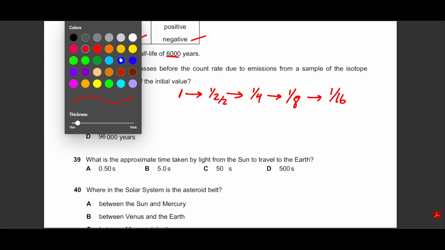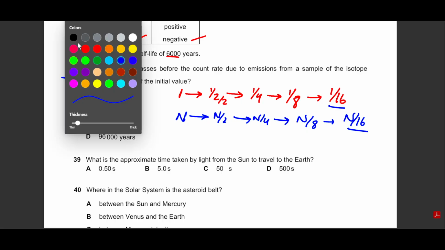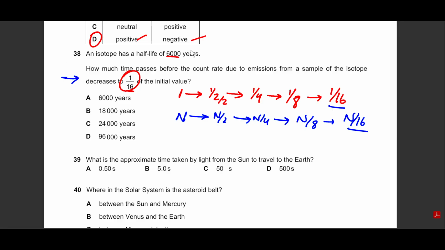If you're not comfortable with this, you could use the reference method in terms of n. The total number could be 1,000, 10,000, 100,000, we don't know. But in the next half-life, they will be halved. In the next, they will be a quarter. In the next, n by 8. In the final, n by 16. Since I'm getting the same numbers as in the question, I will stop. Now it's time to count the number of arrows, because each 6,000 is one arrow, the time for one halving.